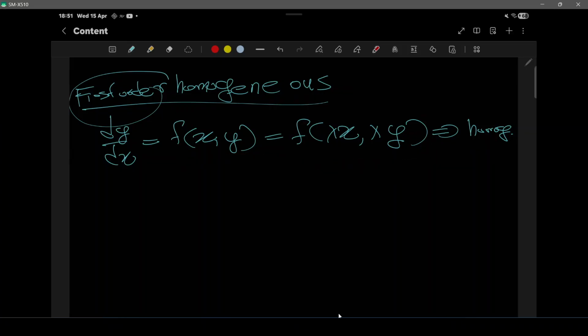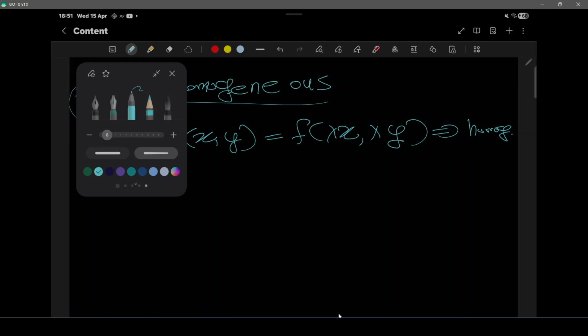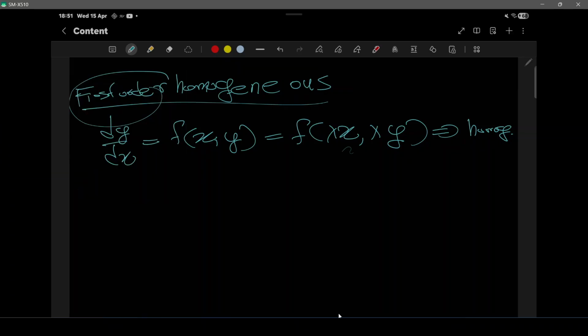What this means is that even if we scale x and y, it doesn't matter; it is the same as f(x,y).